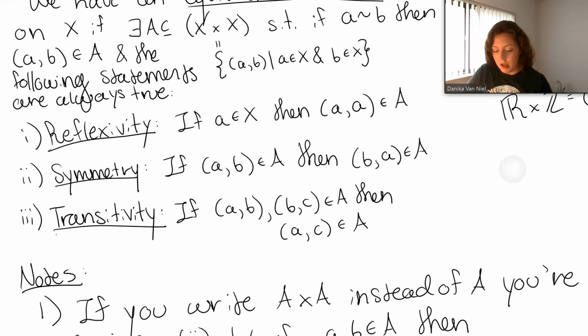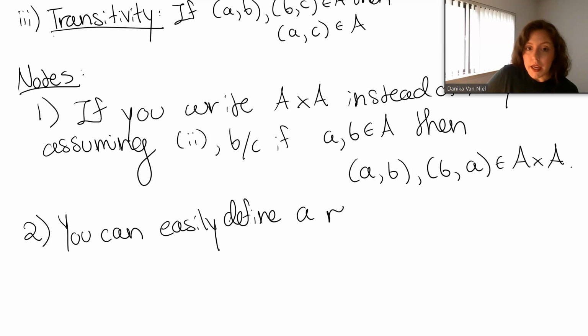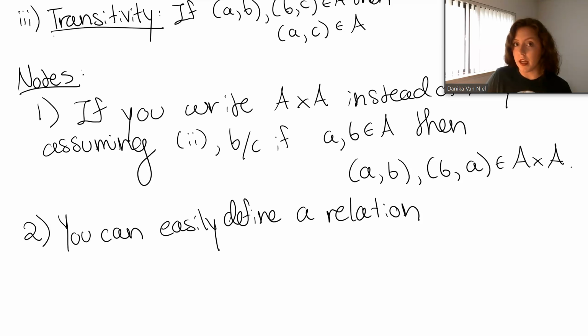The second note I wanted to make, and I've been hinting at this the whole time, but words are hard. You can easily define a relation. And remember, a relation always needs a set that it's relating elements on. Kind of like a function.